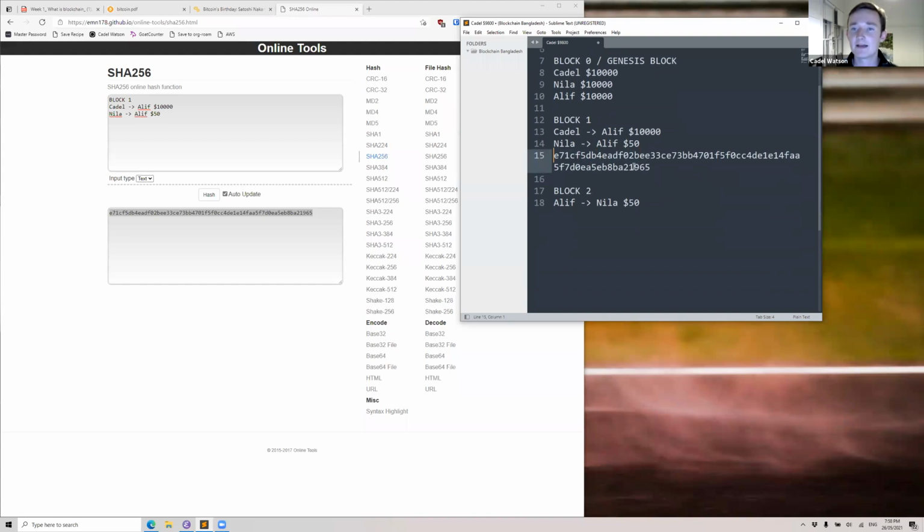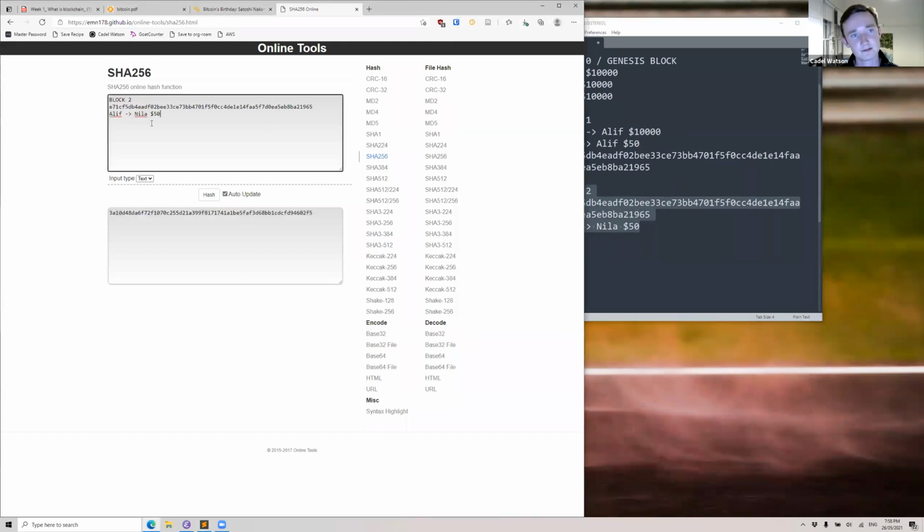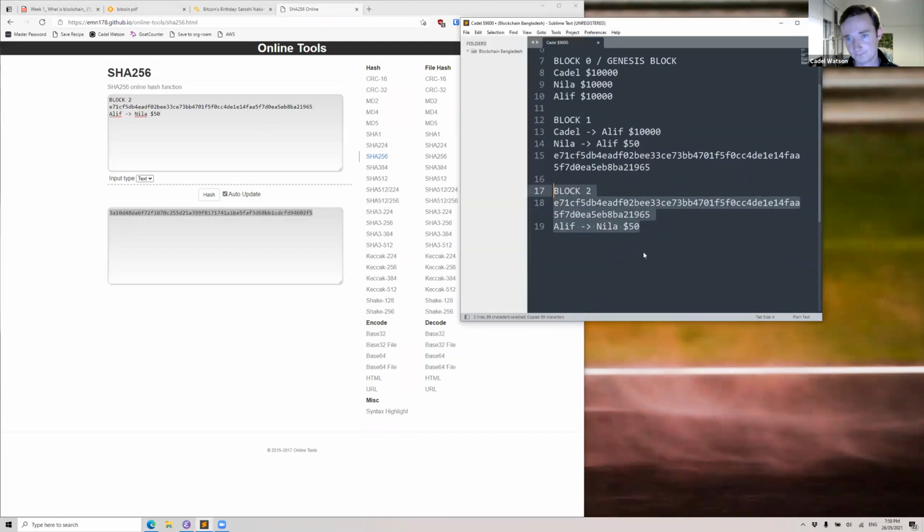The way we get around that is by having each block contain the hash of the previous block. So block 2, instead of just having these new transactions, also contains the hash of block 1. Then we take the whole block 2 and we hash it.